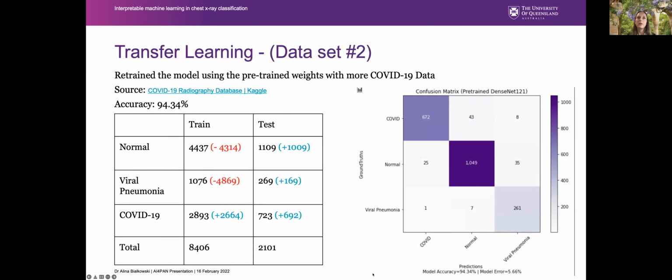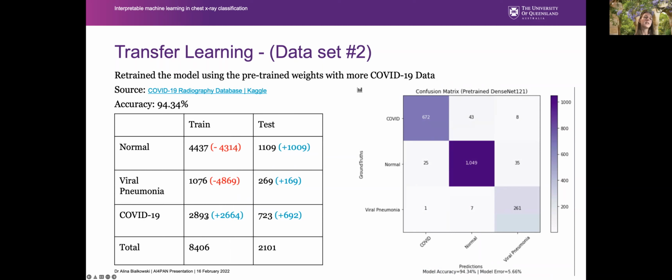So one thing we looked at, taking that model that we had, the COVIDNet model, but looking at more data. Perhaps we can overcome that bias in this small portion of the data set that had the normal young patients. Here we can see that we have a lot more examples.